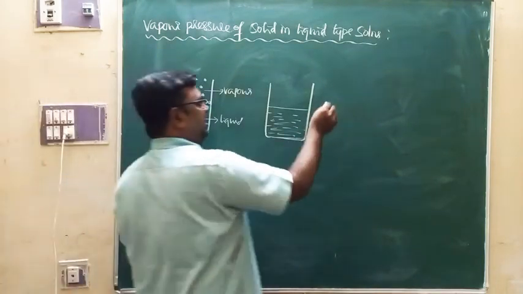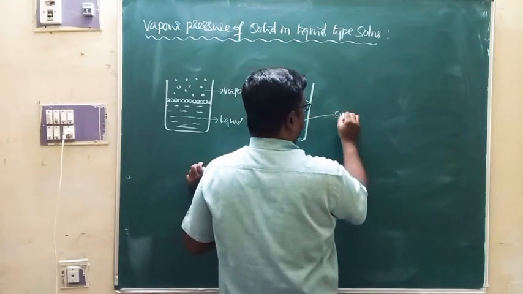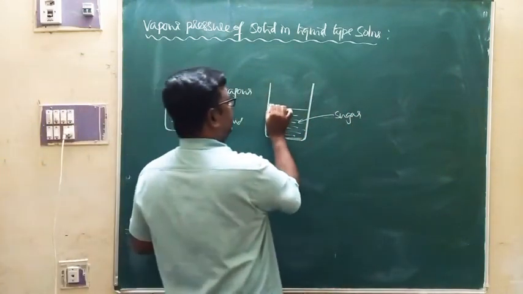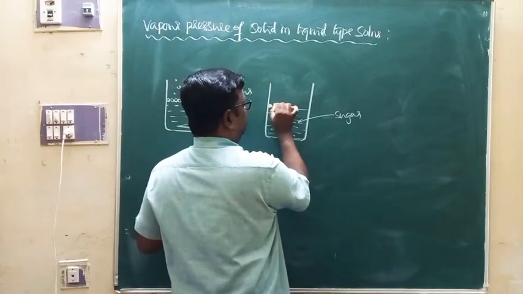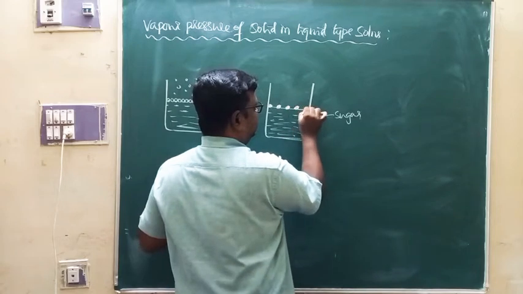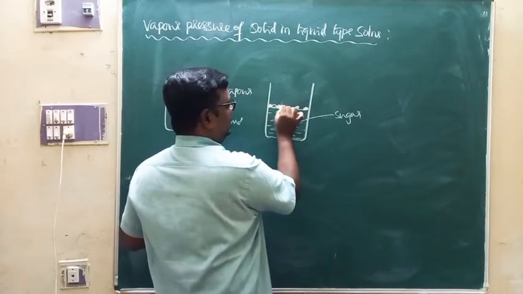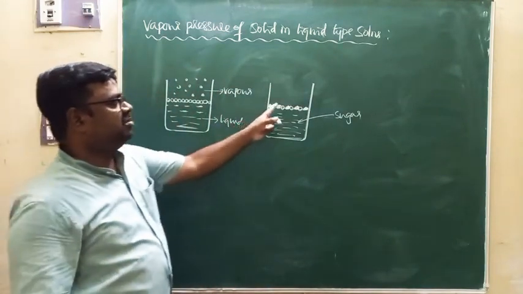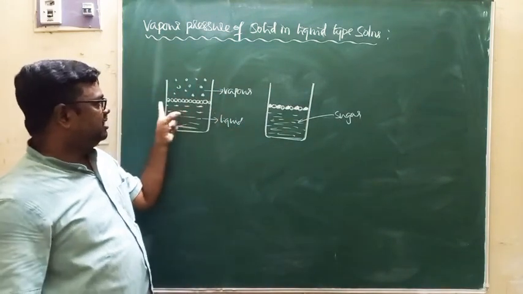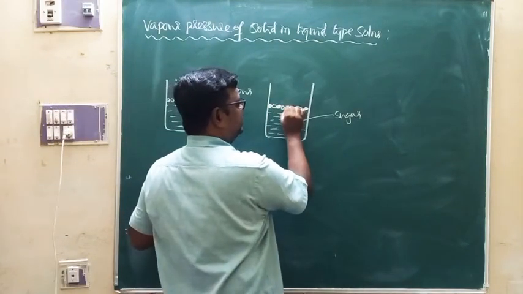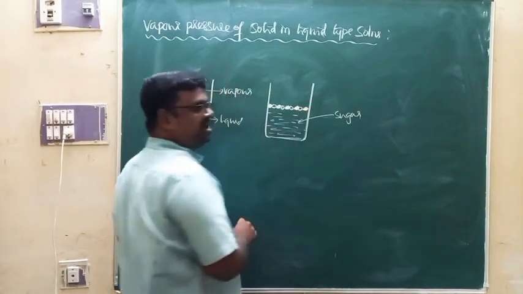But if I add sugar to water, some of the sugar particles will occupy the surface of the water. Look, thick dots are sugar particles, circles are water molecules. Here there are only circles, only water molecules. Here, at the surface, we have sugar particles as well as water molecules.